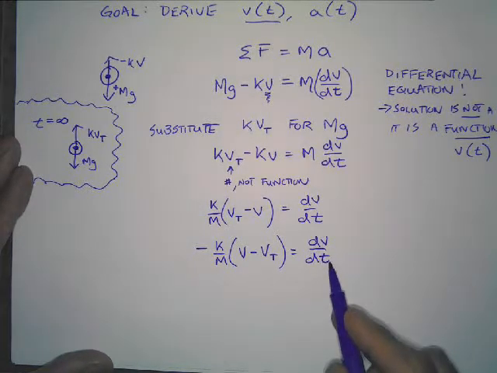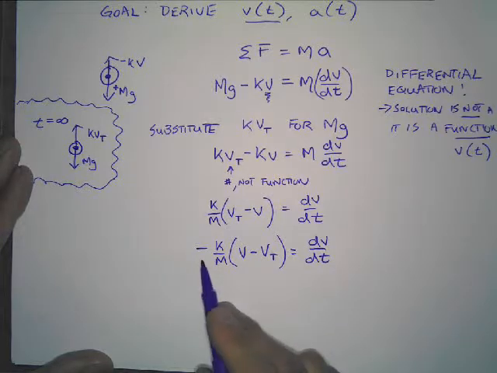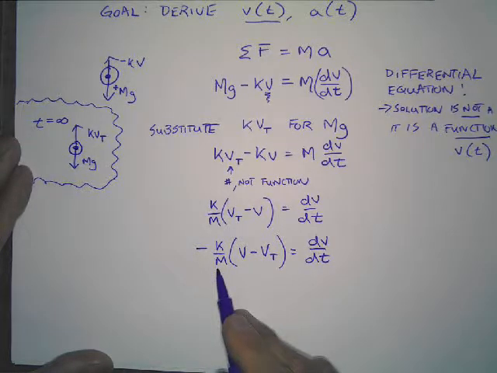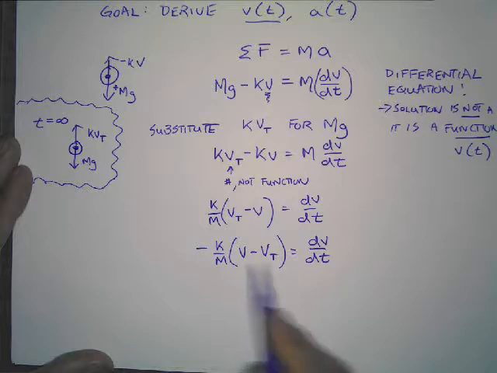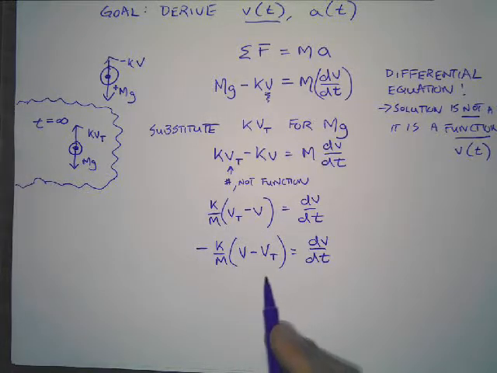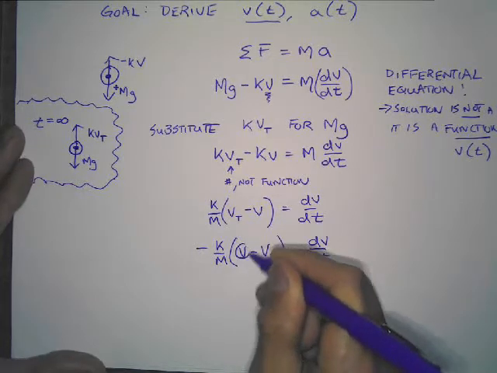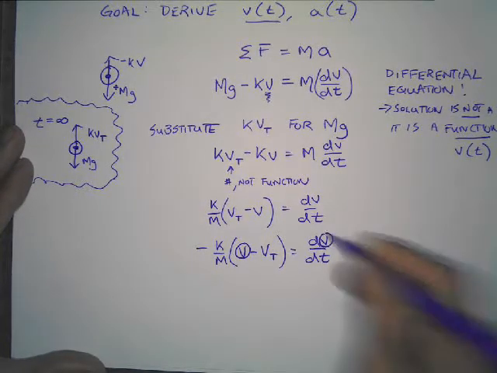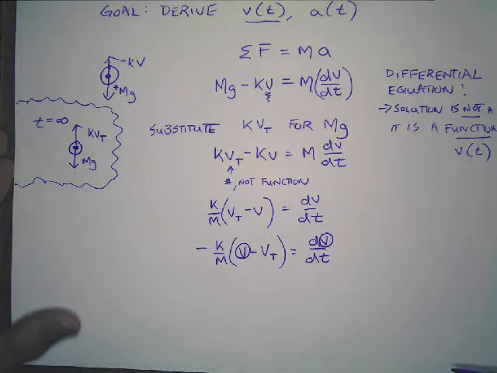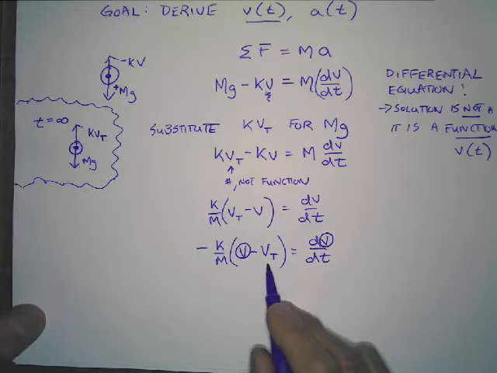You want to have the derivative by itself, and then you want to have negative constants out front, and the difference of the velocities in here. Now keep your eye on the function. Where is the function? The function is here. And we need to get a solution for that function. And again, this vt is simply a number.